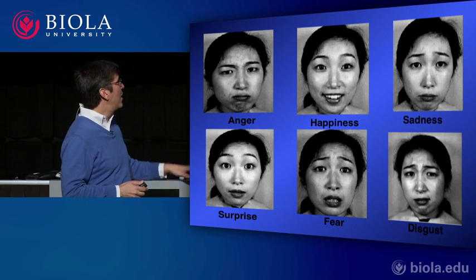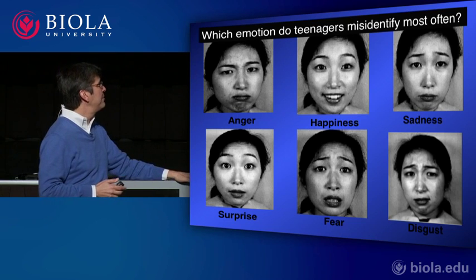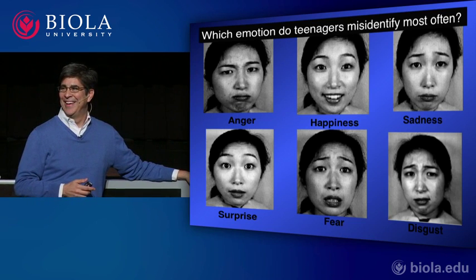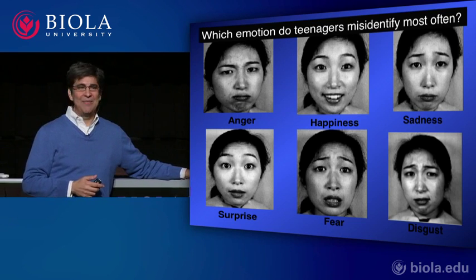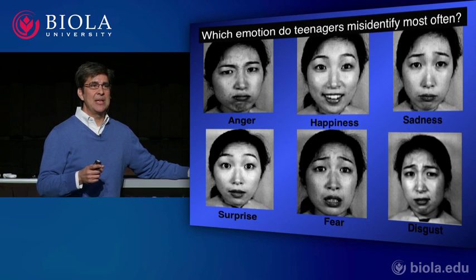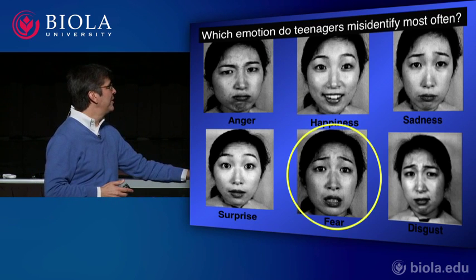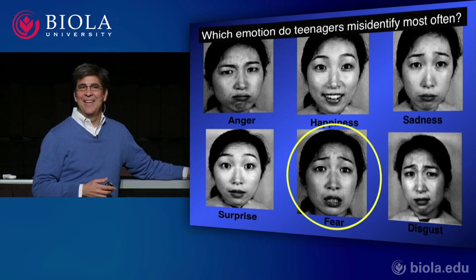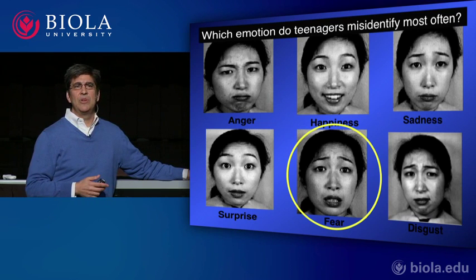Which one of these do teenagers most often misidentify? I've heard every one. Anger, fear, not happiness. Didn't hear that one. The emotion most misidentified, and I'll show you a video clip of this one, is fear. They almost always go like this. 14 and 15-year-olds will go like this.